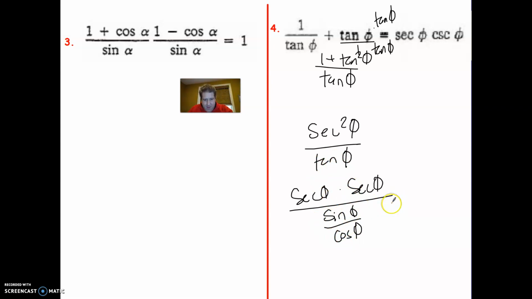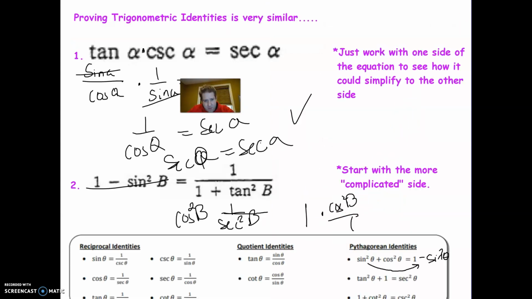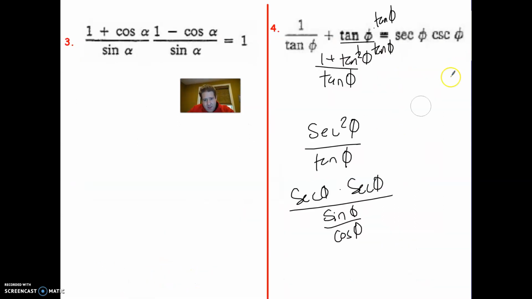So going from here, I'm going to leave that 1 alone. This secant right here is the same thing as, I feel like that was the trick, secant is really 1 over cosine of phi. So that becomes secant of phi times 1 over cosine of phi over sine of phi over cosine of phi.